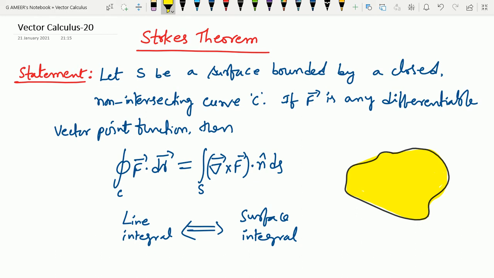Okay, so this is the surface, and this will be the curve.